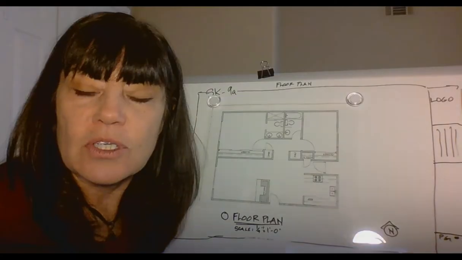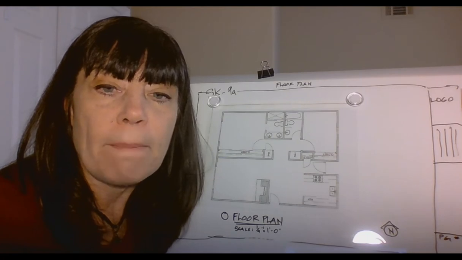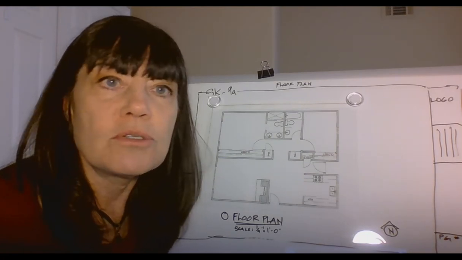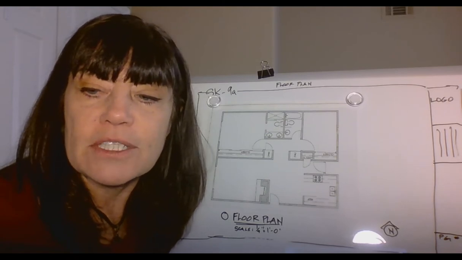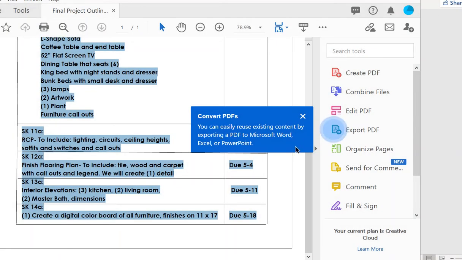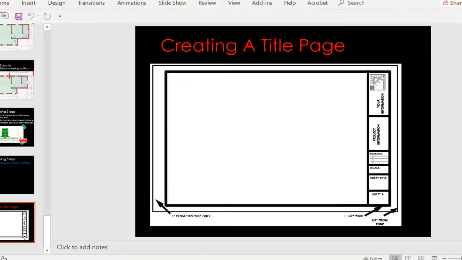I will go back to that in just a moment once I'm done with Canvas. Let me get out of here and see if I can show you the title block. Let's get out of some of these. And let me see, we talked about the final project here. Gosh, I have so many windows.